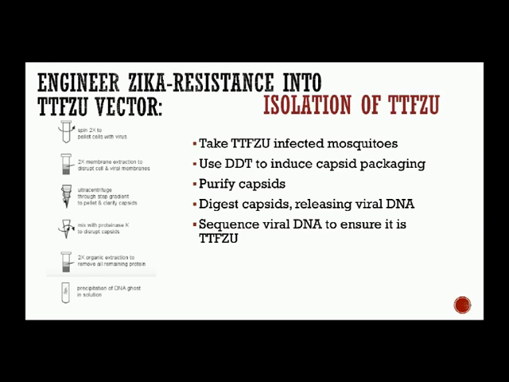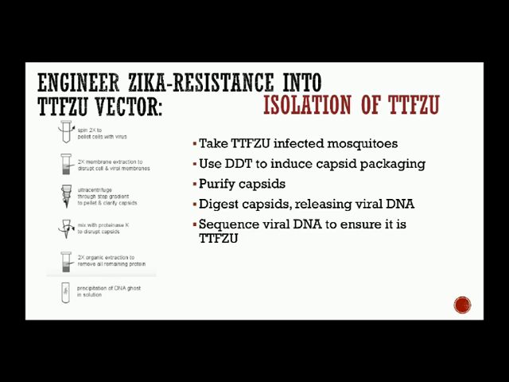To genetically alter TTFCU, we must first isolate it from host cells. Mosquito cells assumed to be infected with TTFCU are treated with DDT, which induces viral packaging. Insect cells are then lysed and purified via centrifugation to remove all the large contaminants, like chromosomal DNA and cell membrane. Flow-through is then treated with a nonspecific protease which will digest the capsid proteins and other contaminating proteins.